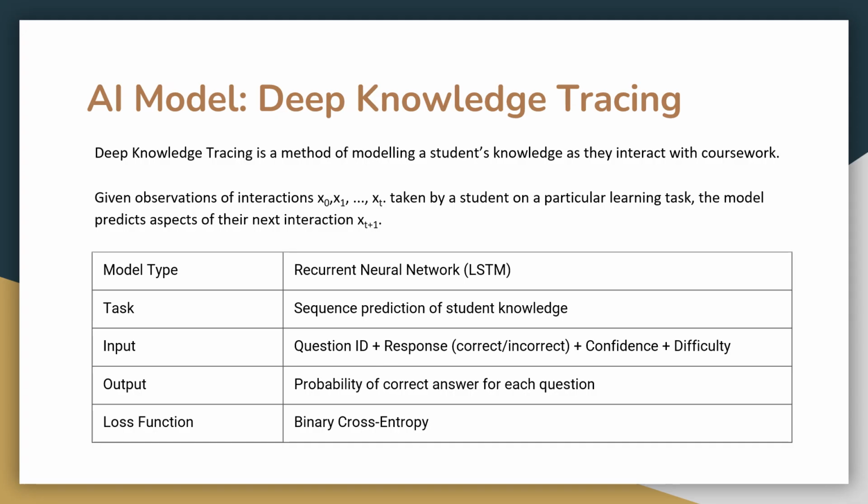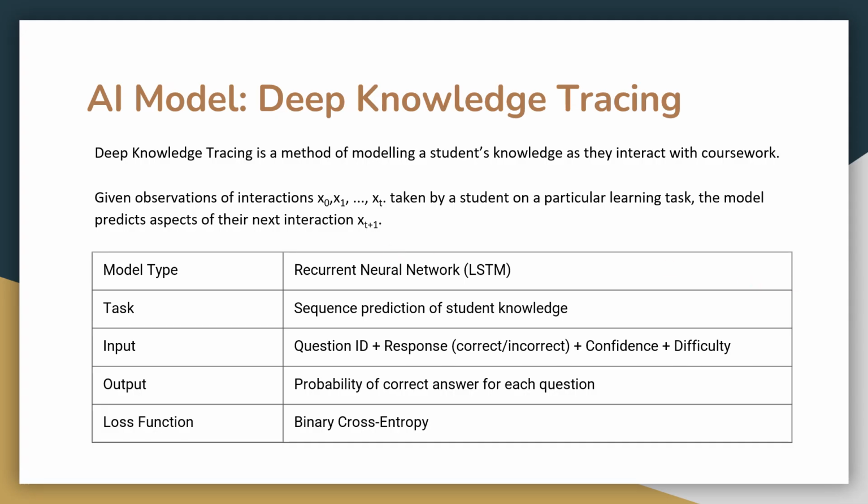we call maybe problem 0 to problem t, or x0 to xt in this case, what the model does is it predicts the student's probability of getting the next interaction xt plus 1 correct on a scale from 0 to 1.